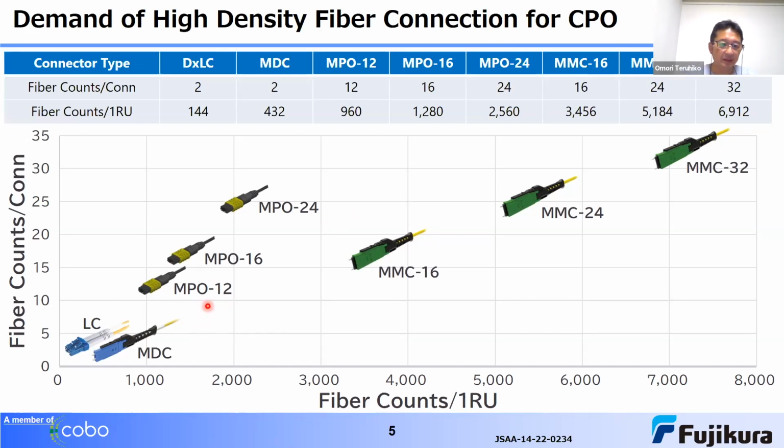This is conventional connectors, for example, MPO 12, MPO 16, and MPO 24. And this is MMC 16, MMC 24, and MMC 32. And actually, MMC connector has a 3 times cabling port density over the MPO format.